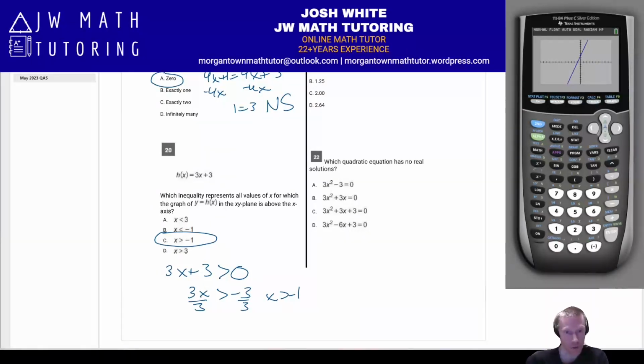Method 3, you could also back solve it. You could go through some of these answer choices and plug them in, but the problem is there are overlapping values between them. In other words, if you chose x equals 2 and plugged that in, 3 times 2 is 6, 6 plus 3 is 9. Would 2 comma 9 be above the x-axis? Yes. So notice that meets A and it also meets C. However, it does not meet D because 2 is not greater than 3, and it does not meet B because 2 is not less than negative 1.